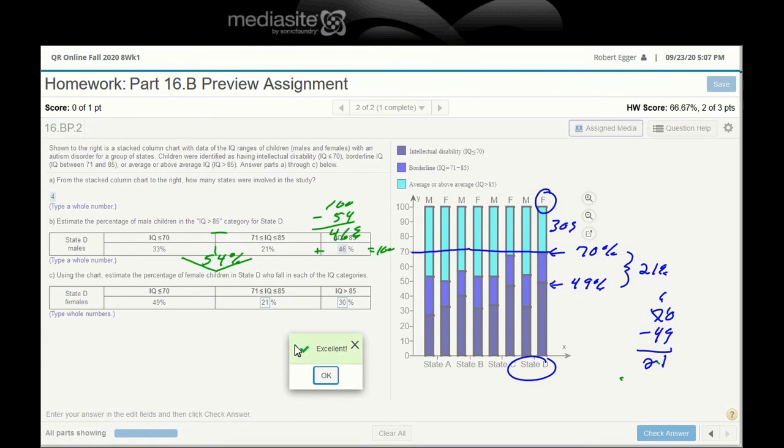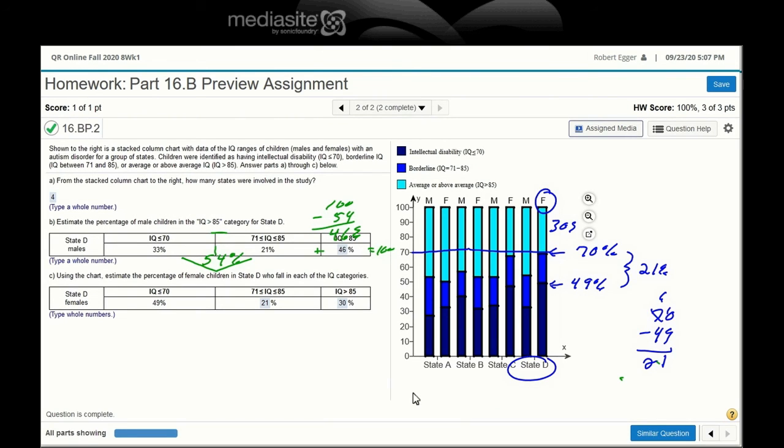Not bad eyeballing. So like I said, they gave us this number. This was given. So we had to take a good look on the graph at that number. Guess 70, 69, 70, 71. They maybe actually gave a little range in there. But I used 70 and the numbers were correct.